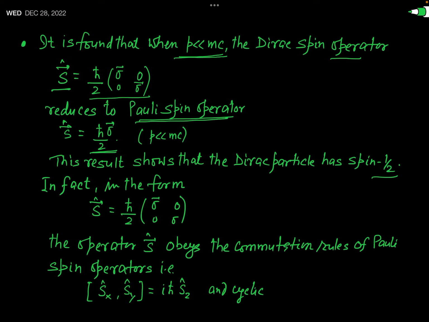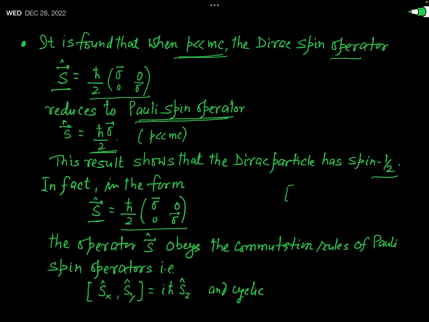Now, the basic definition which we have used for the spin angular momentum operator S hat is h bar by 2 times the matrix sigma 0 0 sigma. In fact, this definition shows that the operator S follows the same commutation relations as the angular momentum operator.